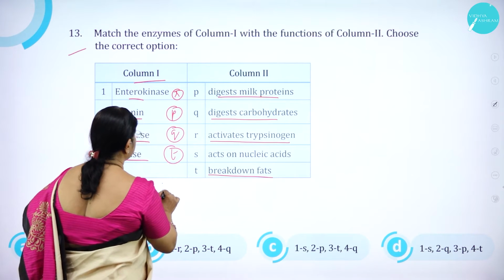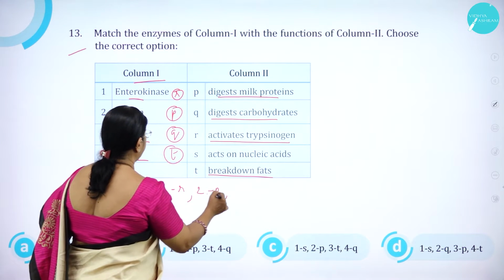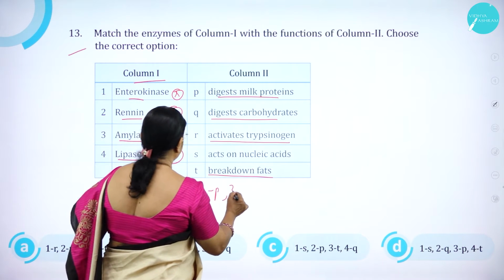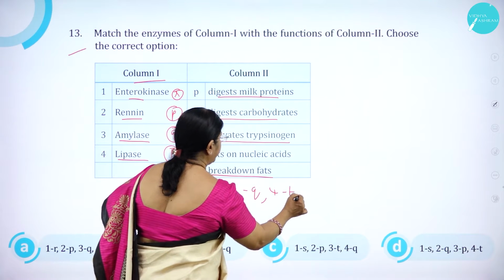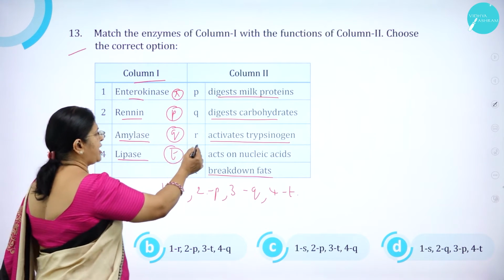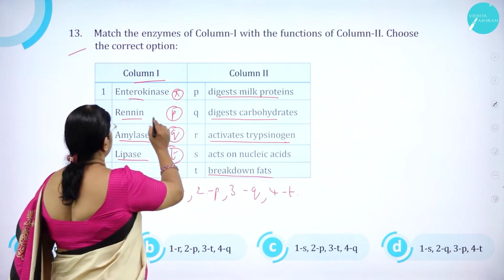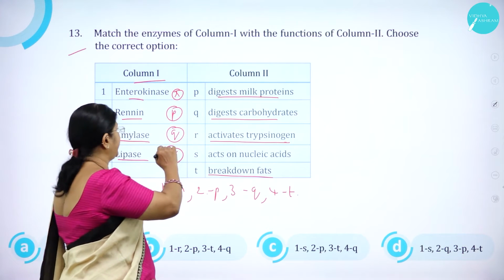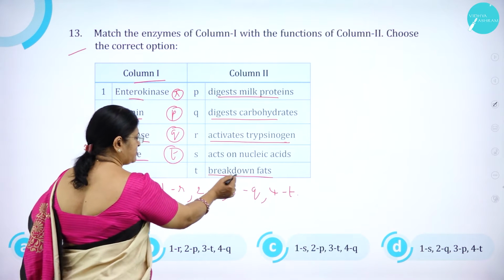So 1 is R, 2 is P, 3 is Q, 4 is T. Enterokinase activates inactive trypsinogen into trypsin. Then renin digests milk proteins. Amylase digests carbohydrates. Lipase breaks down fats.